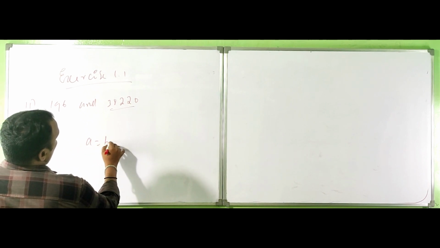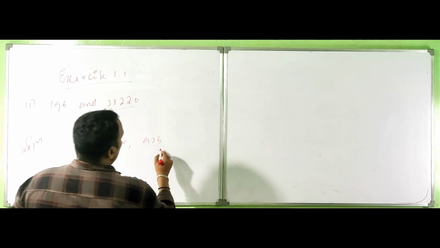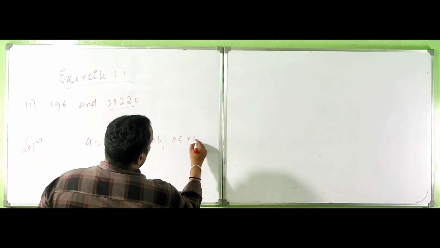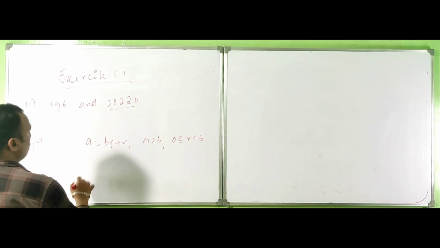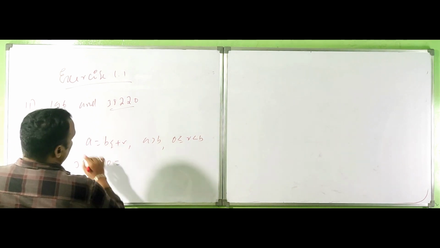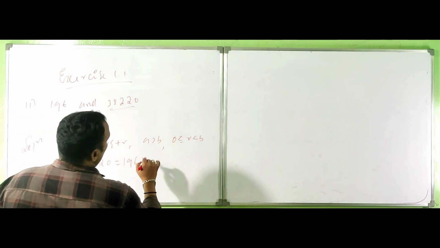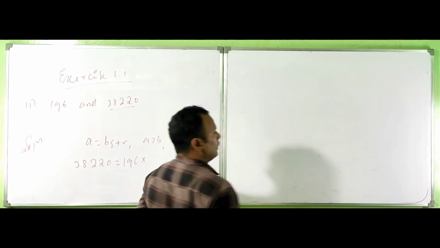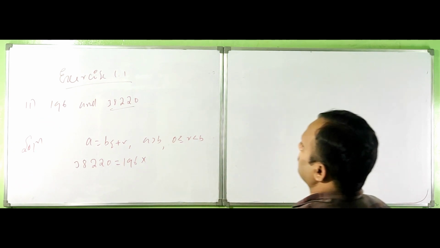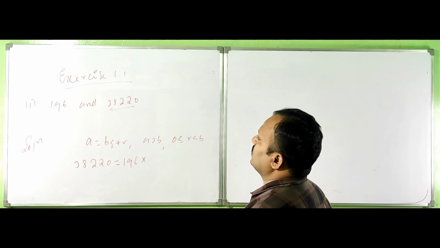A is equal to BQ plus R, and A is greater than B, and 0 is less than or equal to R, less than B. So I have to write 38220 in terms of 196 into Q plus R.